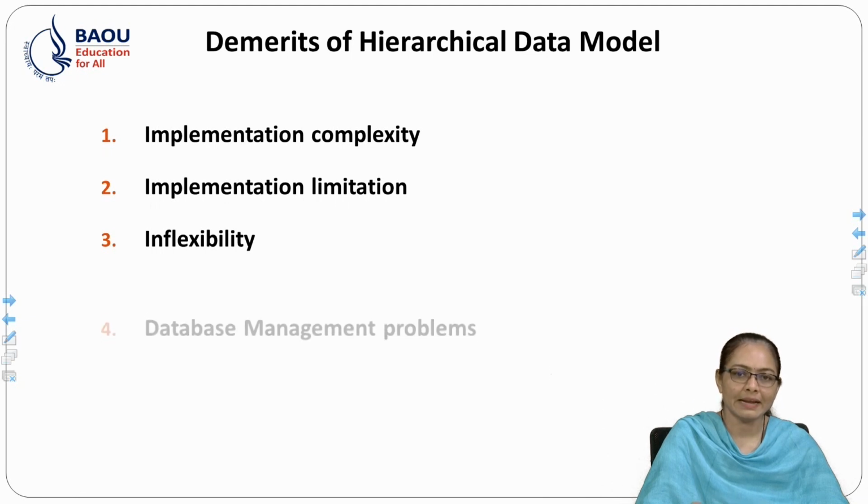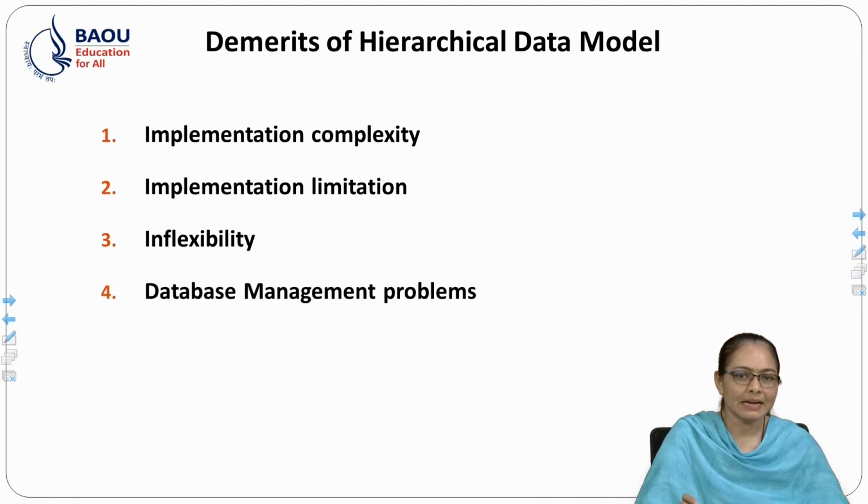Now the next is database management problems. If any changes are made to the database structure, it becomes essential to change all the application programs that access the database. So any change is reflected at all levels. Now the next is no standards.